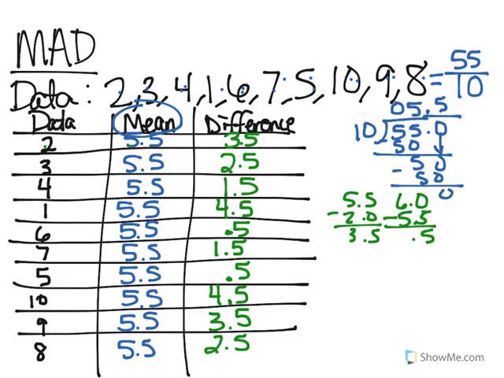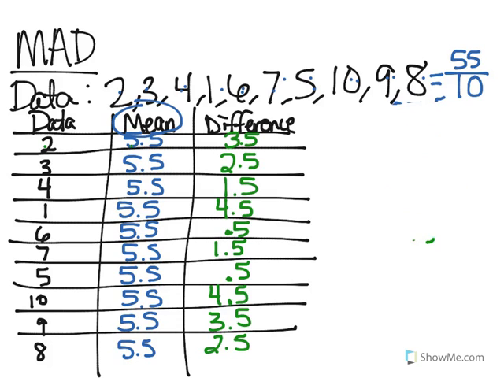So now, what I need to do is I need to now take this distance, this difference, and I need to find the sum and divide it by 10 because there's 10 numbers.